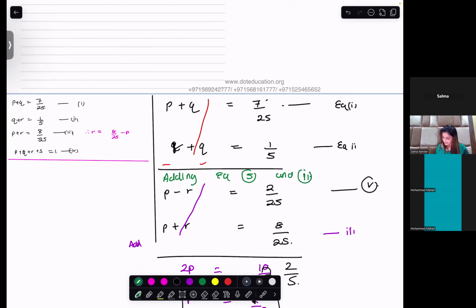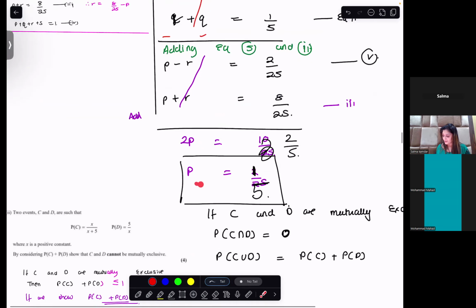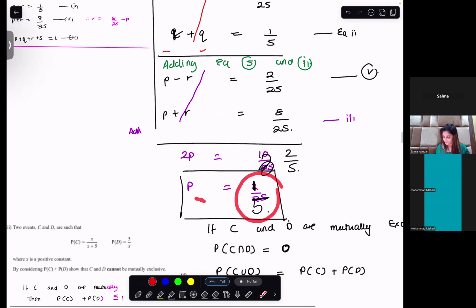So when I add both of this, I removed this, R is eliminated. So I get 2p is equal to 2 by 5. I'm adding both of these equations. I've achieved my purpose. I'm able to get value of one variable. So when I do this, I get the value of p as 1 by 5.